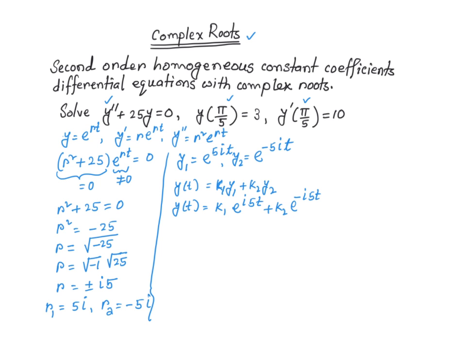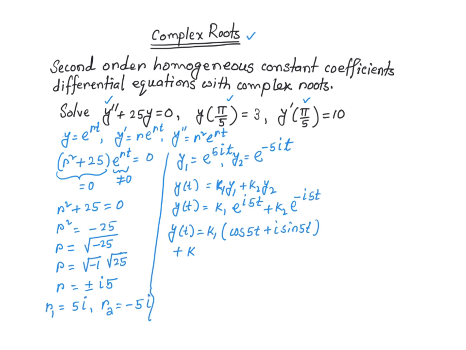All right. Now we could go ahead and make the following assumption. So this is going to be y of t is equal to k1 times cosine of 5t plus i sine of 5t, right?